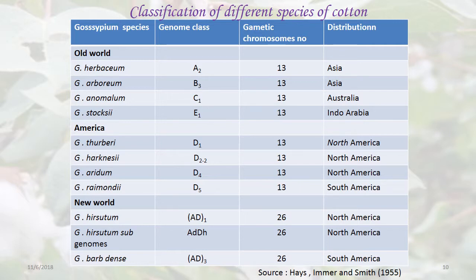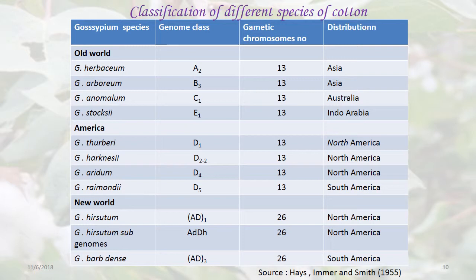American cotton consists of Gossypium thurberi. The genome is D1 with basic chromosome number of 13 and it is distributed in Northern America. Then harknessii D2 with 13 chromosomes, then Gossypium aridum D4 and raimondii is D5. D5, that is raimondii, is distributed in the Southern American part.